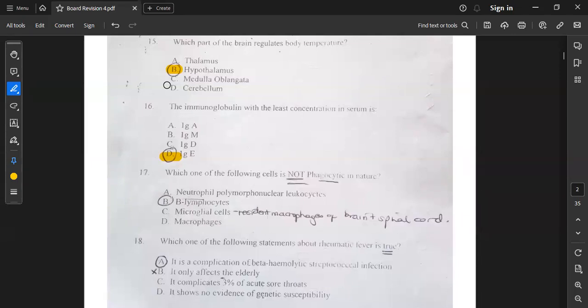IgG is the highest, followed by A, M, D, and then E.